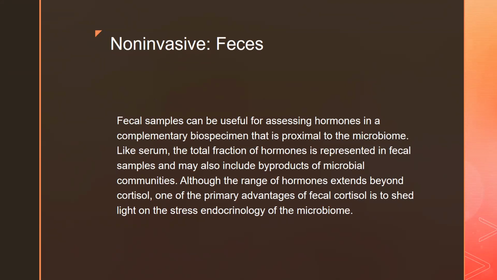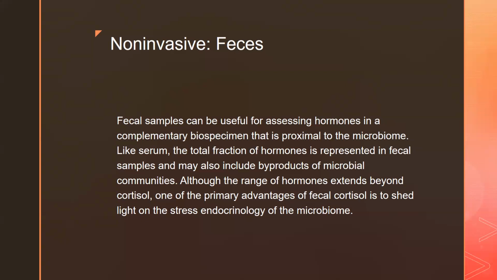So another one of my favorite non-invasive forms of looking at hormones is feces. It's a sample that is useful for assessing hormones in a complementary biospecimen that's close to the microbiome. Depending on where your interests are, you can get a ton of different data when looking at feces.